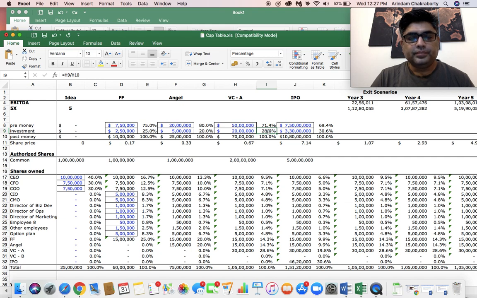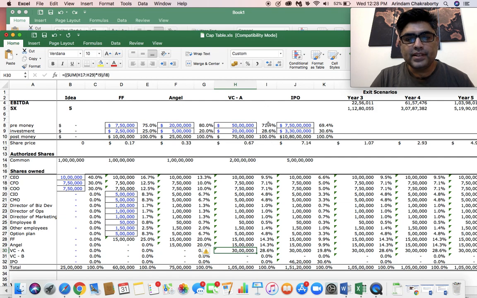So this percentage is divided by I8, which is 71.4%, right? This is how you are getting the computation of the number of shares that have to be held by the friends and family, the angel funds, and the venture capital.